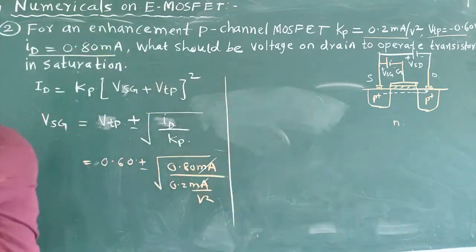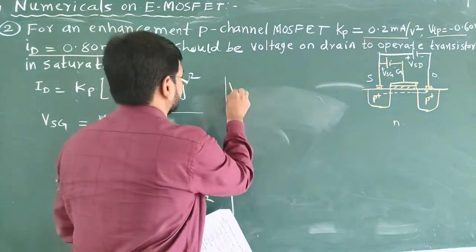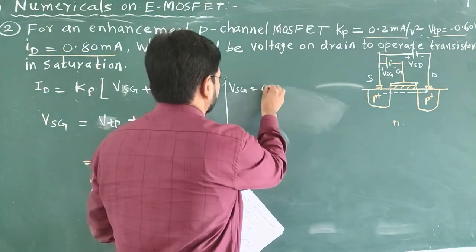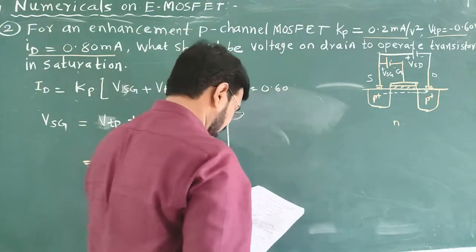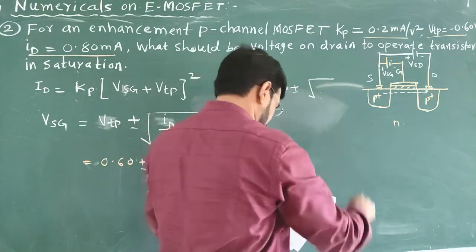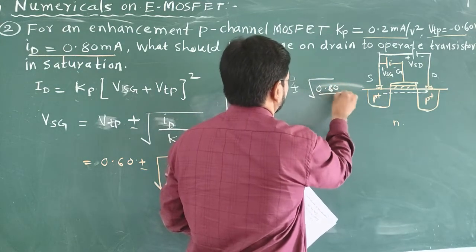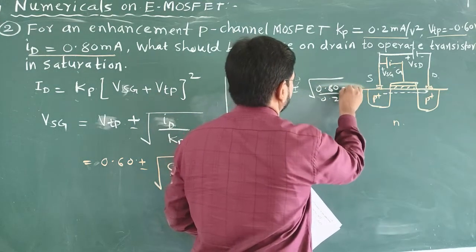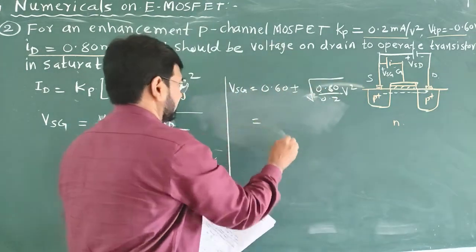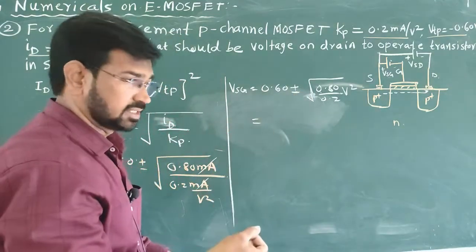So I will write, VSG is equal to 0.60 plus minus square root of 0.8 by 0.2. So we will get here two cases now. One is plus and the other is minus.